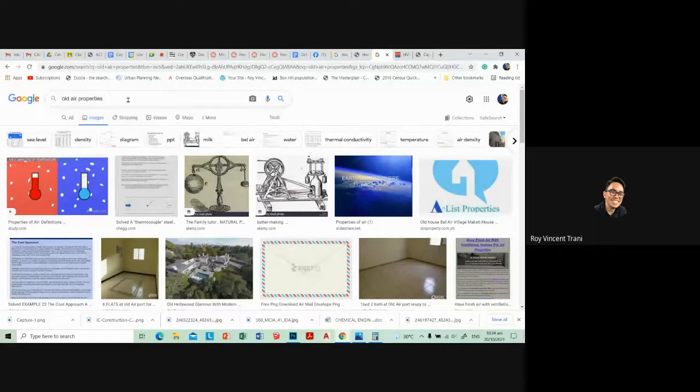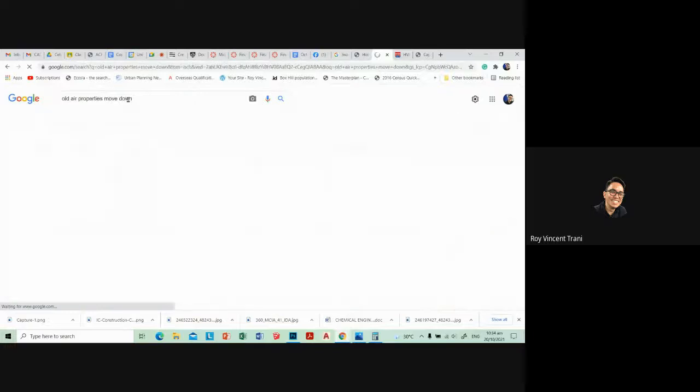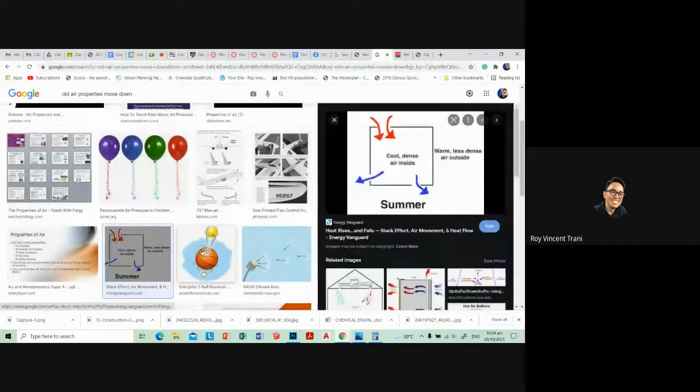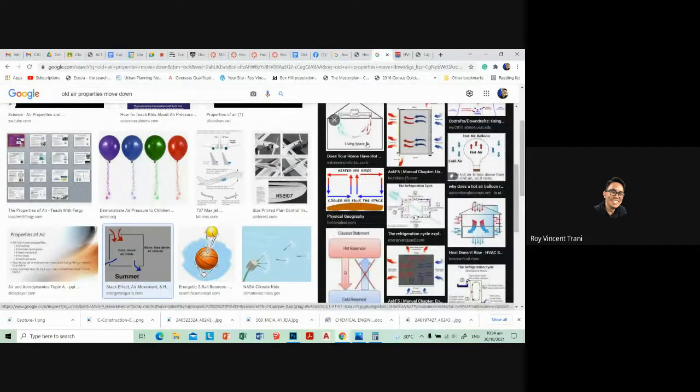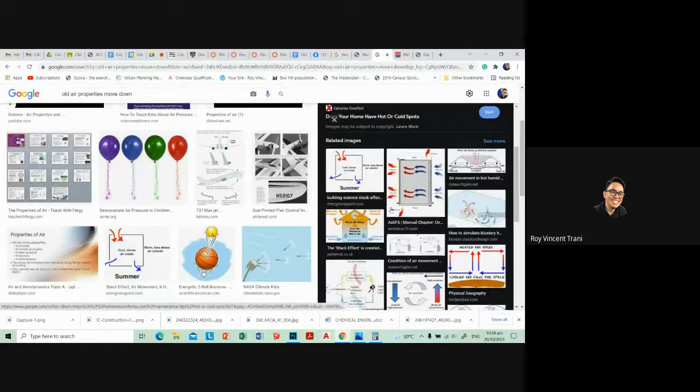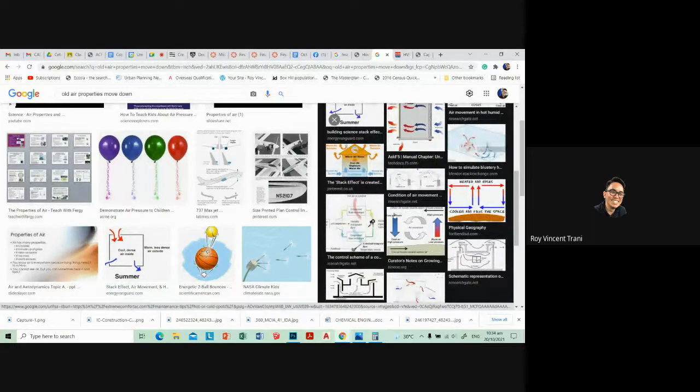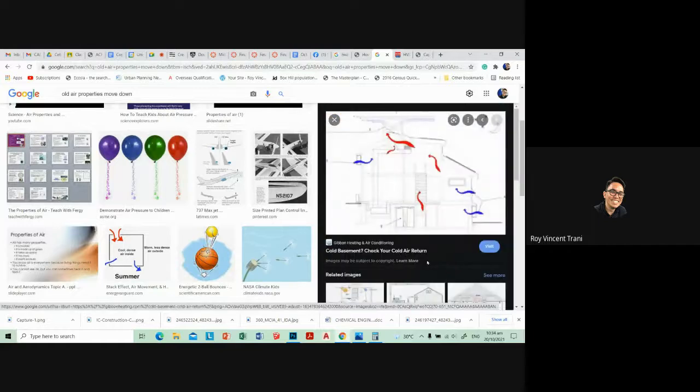Let's see. Living space. I already forgot. I think in general, cold air goes down and it rises as hot air. Yes, I think that's it.